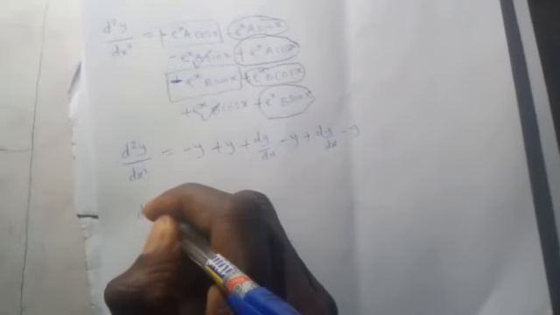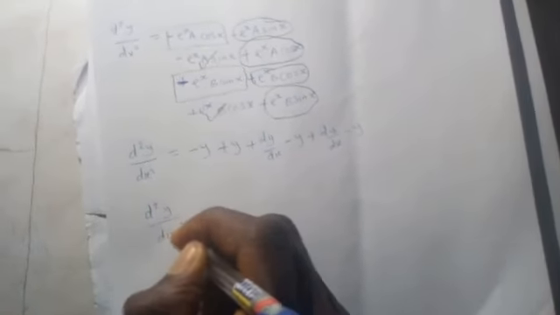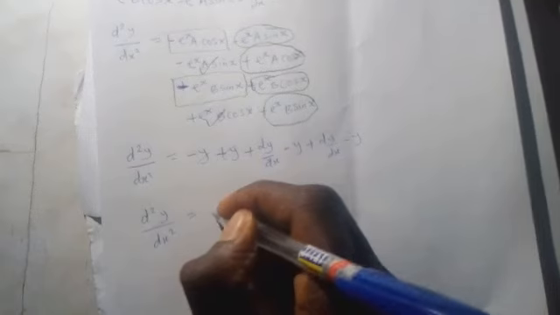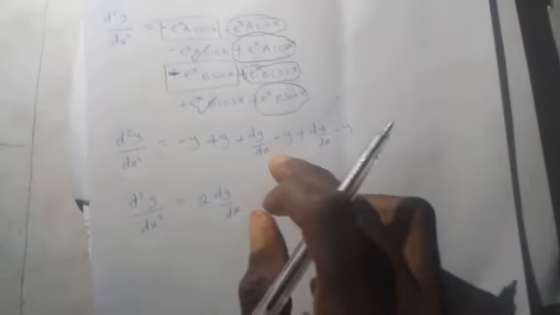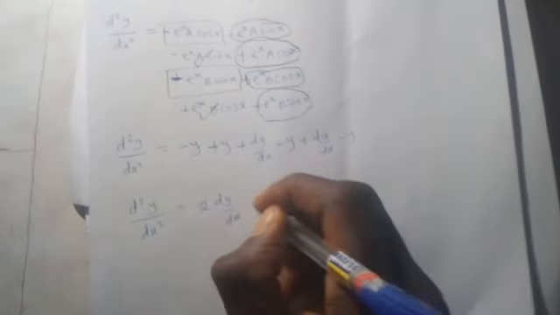So it means that if I solve this, my d squared y over dx squared is equal to this, we cancel this. You know that dy/dx plus dy/dx will give me 2 dy/dx. Negative y will give me negative 2y. And I would like to write my equation to be equal to 0.